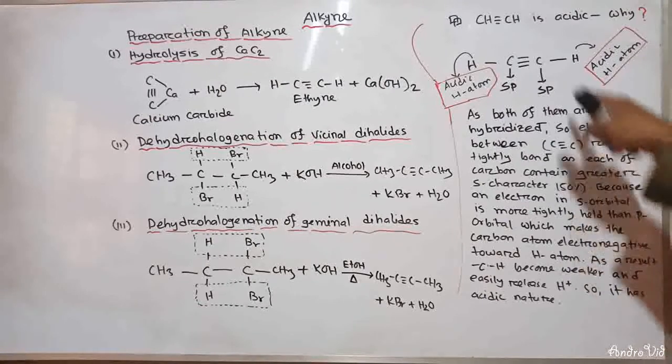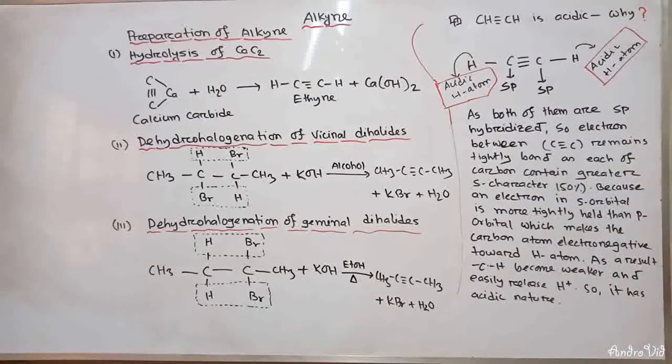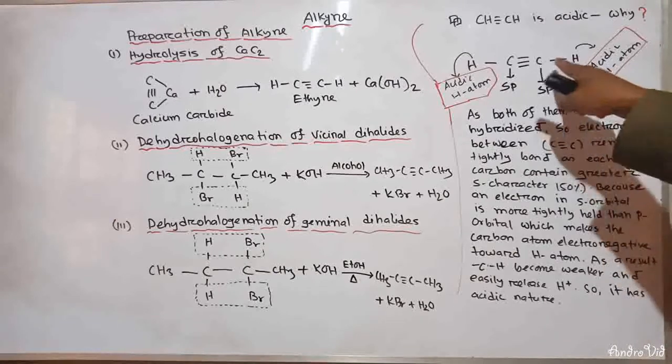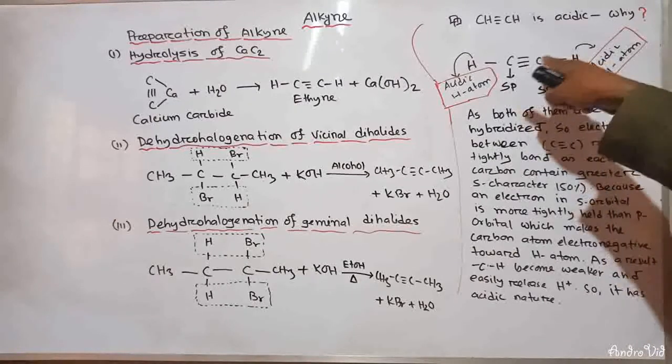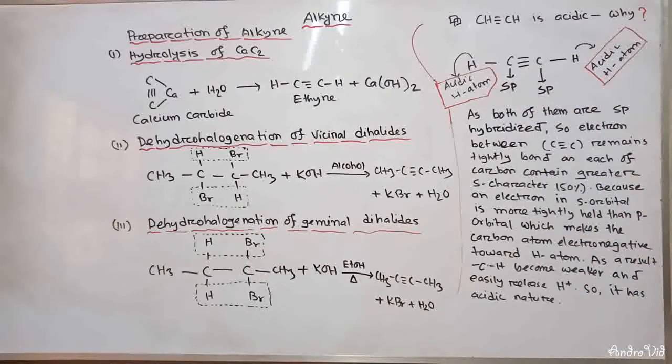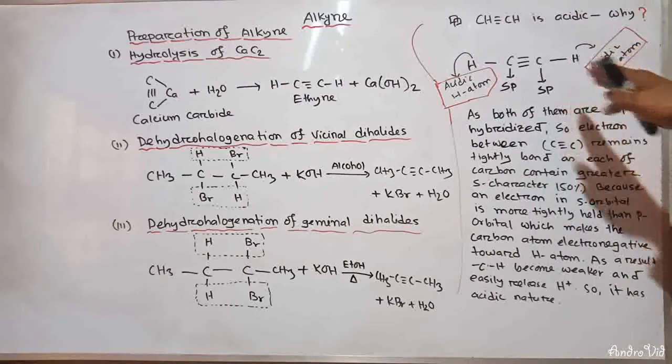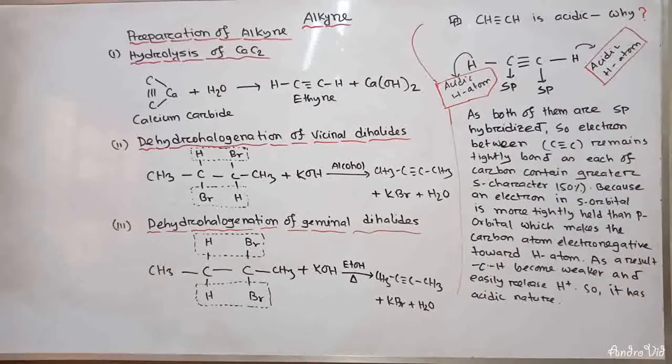As this carbon becomes electronegative, the carbon-hydrogen bonded electrons will be shifted towards this carbon and the carbon-hydrogen bond will be weaker. In that case, it is easier to release this hydrogen atom as a proton from the compound.